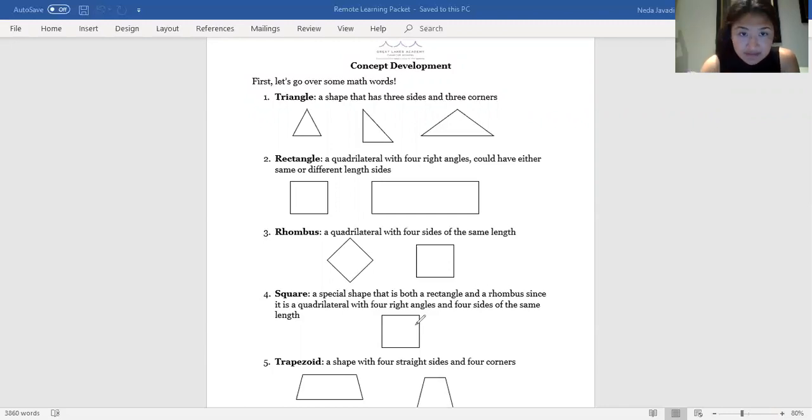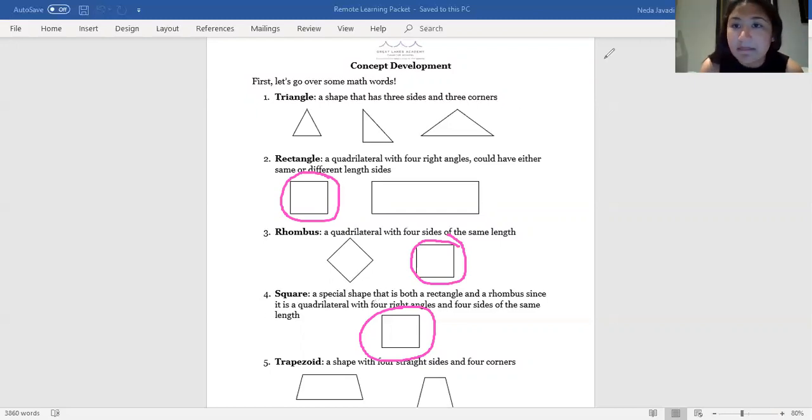So if you look back at the rectangle and the rhombus, this picture, and this shape, all these 3 shapes that I've circled are the same shapes. These shapes are rectangles, rhombuses, and squares. So if you labeled them a rectangle, a rhombus, or a square, those would all be right.